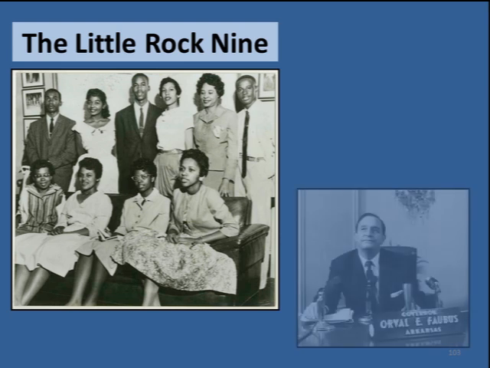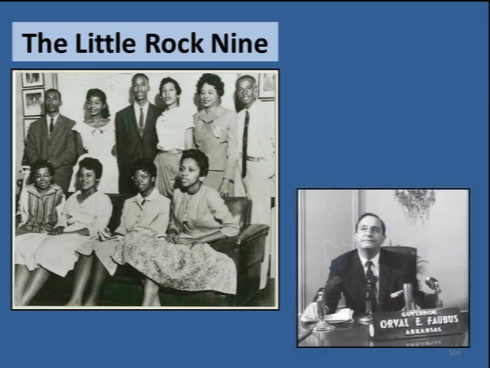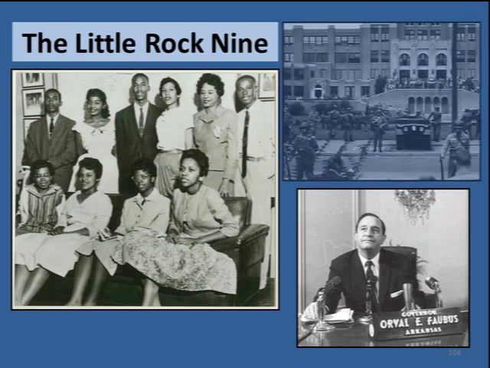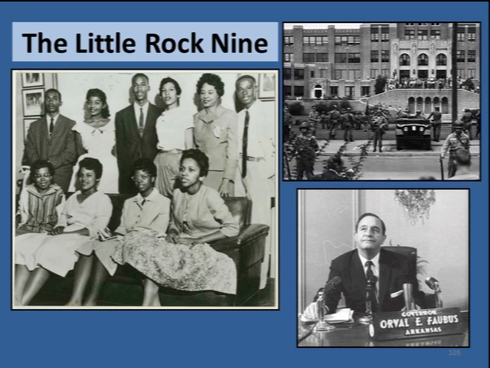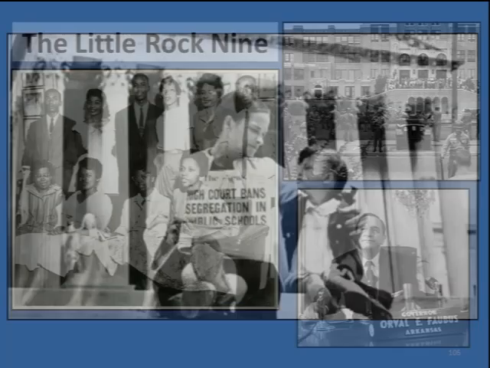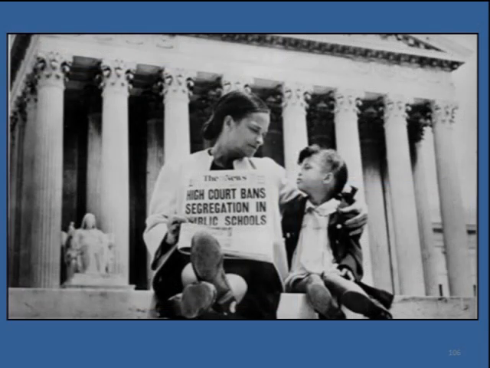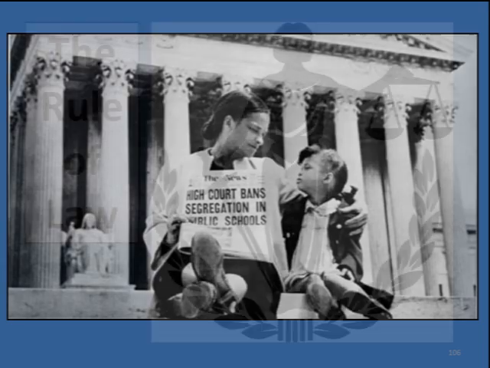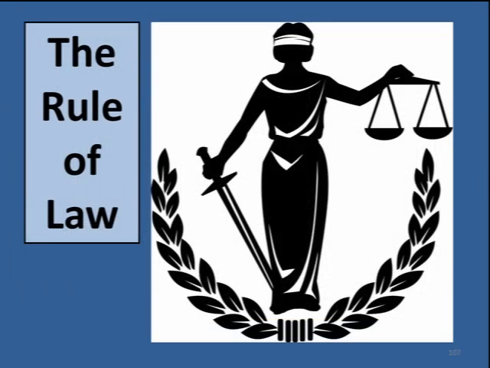When the Little Rock Nine tried to enter the white school, Orville Faubus, the governor of Arkansas, used the Arkansas National Guard to stop them. By ignoring the Supreme Court, Governor Faubus was going against a basic principle behind the Constitution, the rule of law.